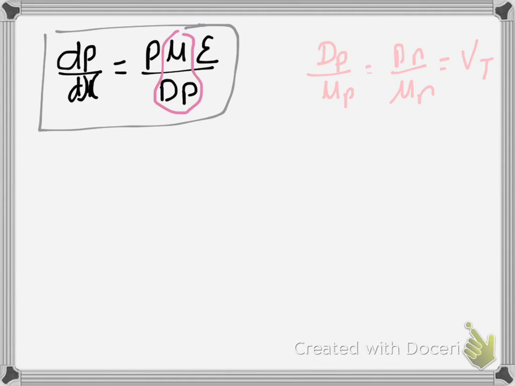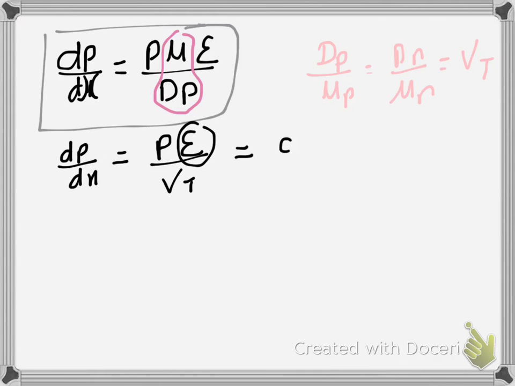We are left with a simplified equation: dp by dx is nothing but pE by Vt. Now this E is the electric field, which can be replaced by minus dV by dx. So dp by dx is equal to minus p by Vt into dV by dx.